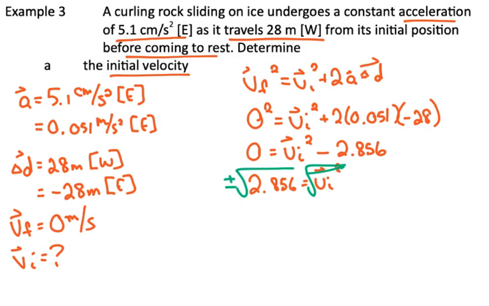So we'll do the square root and we'll deal with the plus or minus in terms of the direction instead of assigning a sign to the velocity. We take the square root, go to 2 sig figs, and we get 1.7 meters per second. Now, common sense would tell us, since this curling rock is traveling 28 meters to the west, that the VI must be towards the west.